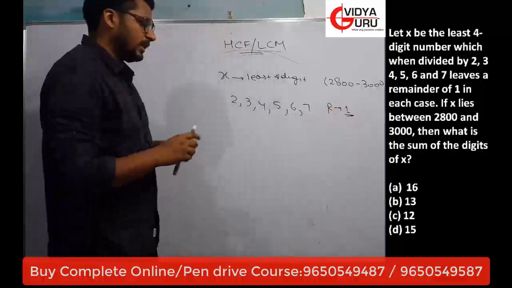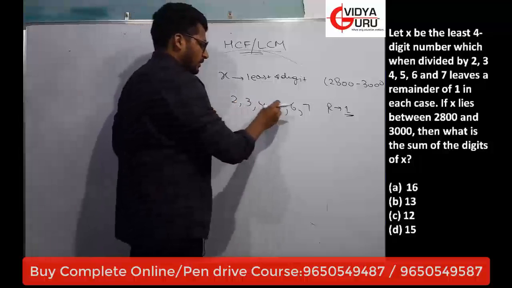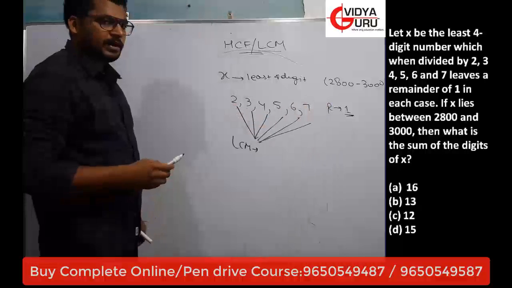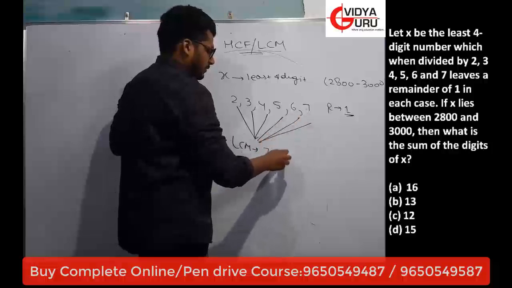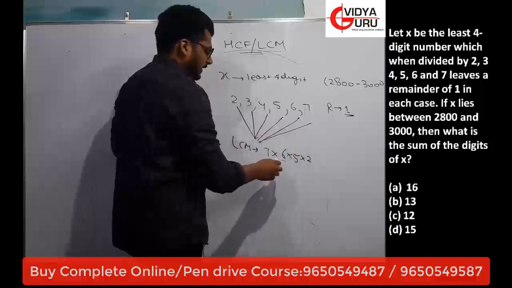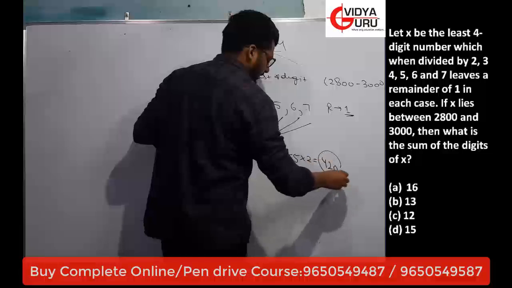So first we need to find that minimum number which on dividing by these numbers leaves remainder 1. What will be that number? First we need to find their LCM. LCM will be what? 7. We will take 6 also. 5 is also not there. 4 2 will come. 3 is already included in 6 and 2 is already included. So LCM will be 420.